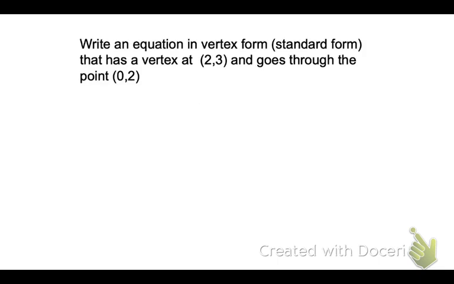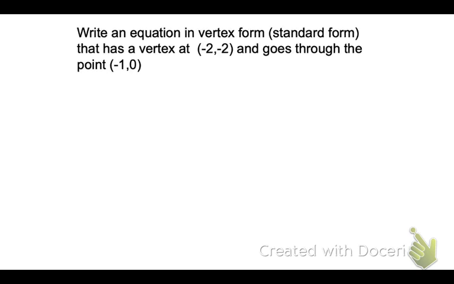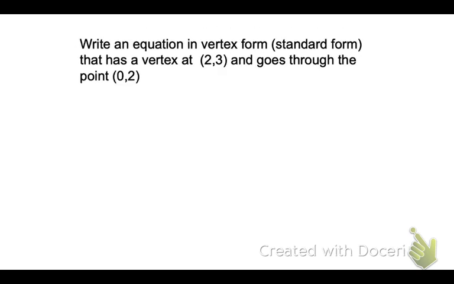Okay, write an equation in vertex form or standard form with the vertex at 2, 3, and it goes through the point 0, 2. So I'm putting it into here, yes? And I have to find A. So how do I find A?